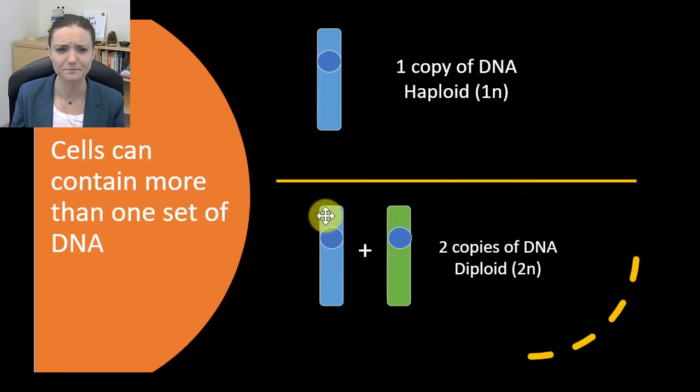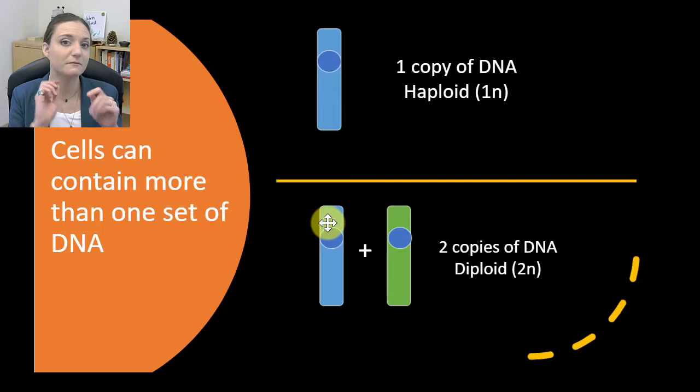Right here at this spot, this contains the gene for ear shape, maybe big ears, and in the exact same spot in the chromosome from the other parent, it still codes for ear shape, but might be a different form. Maybe this is pointy ears and this is big ears. So the same type of information, but different forms of that information, come on each of the chromosomes that you inherit from each parent.